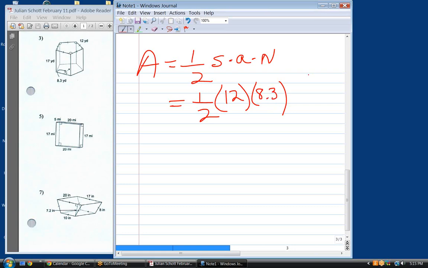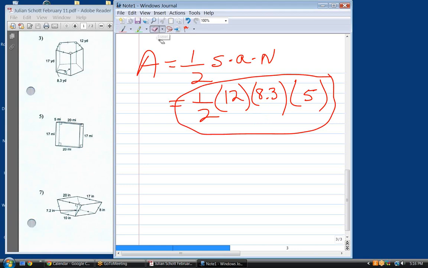Okay. How many sides do we have? 5. So this represents the area of one face, of one base, actually. So we have to multiply that by what? In other words, for volume, we want the area of the base times the only other dimension.